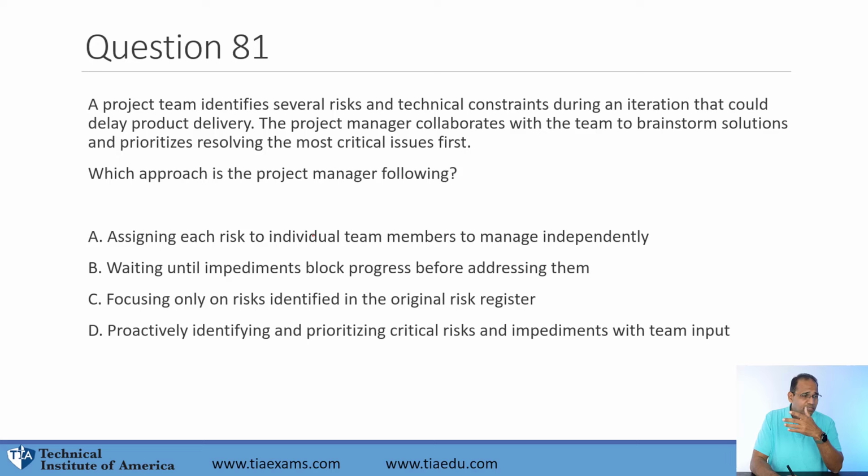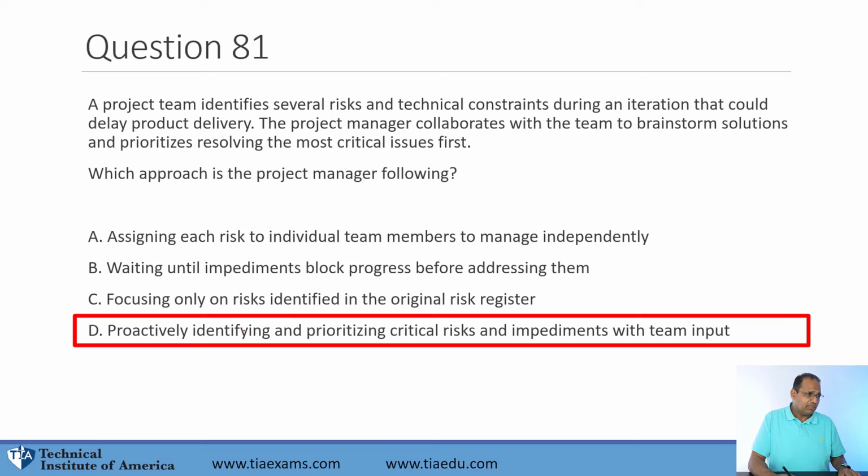Assigning each risk to the individual team members to manage independently, waiting until impediments block progress before addressing them, focusing only on risk identified in the risk register, proactively identifying and prioritizing critical risk and impediments with team inputs. And that's exactly what you're doing here, because that's what the question is telling you.